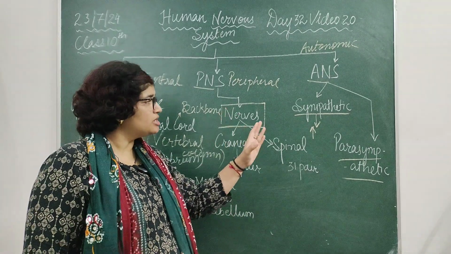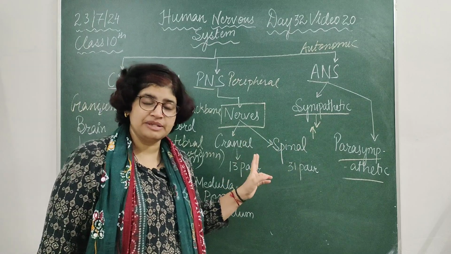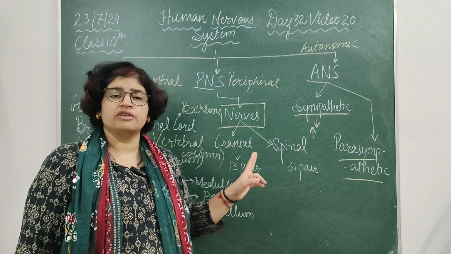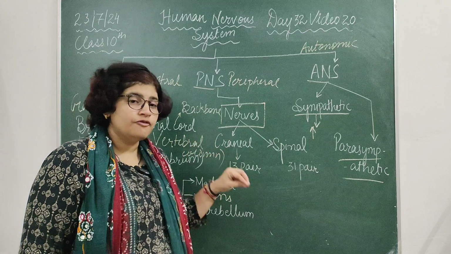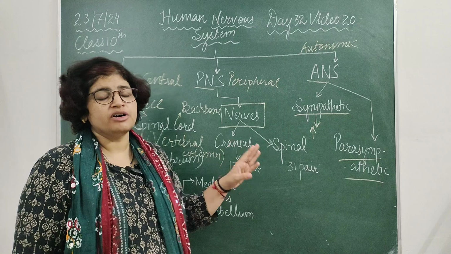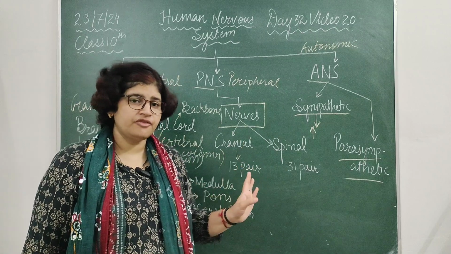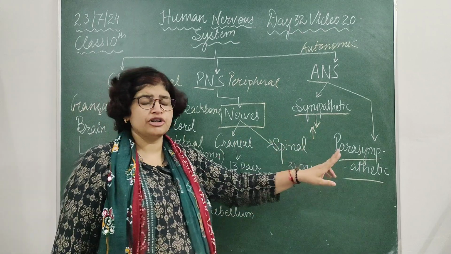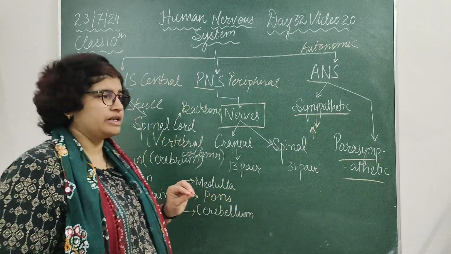Both the sympathetic and parasympathetic nervous systems function antagonistically. Antagonistically means both work opposite to each other. Fine. So they are meant to control our heart rate.